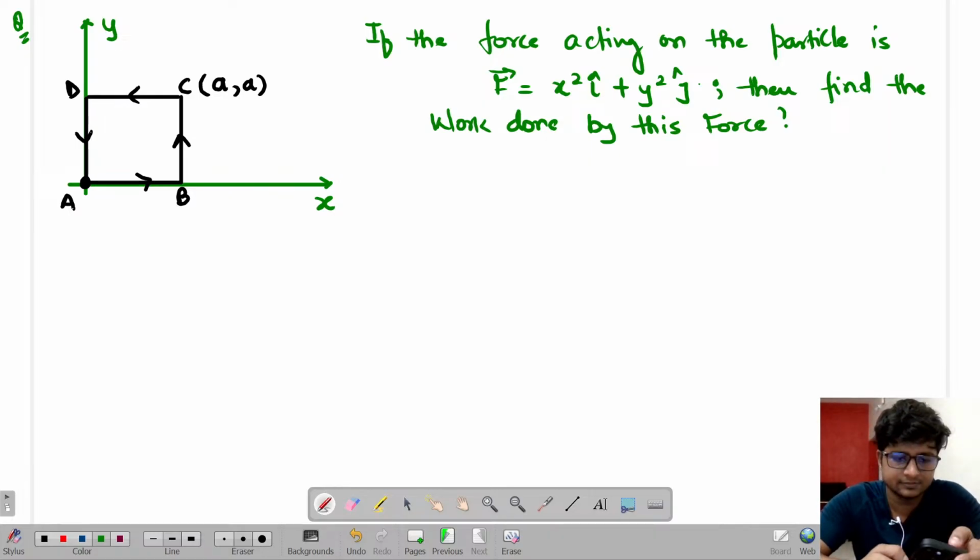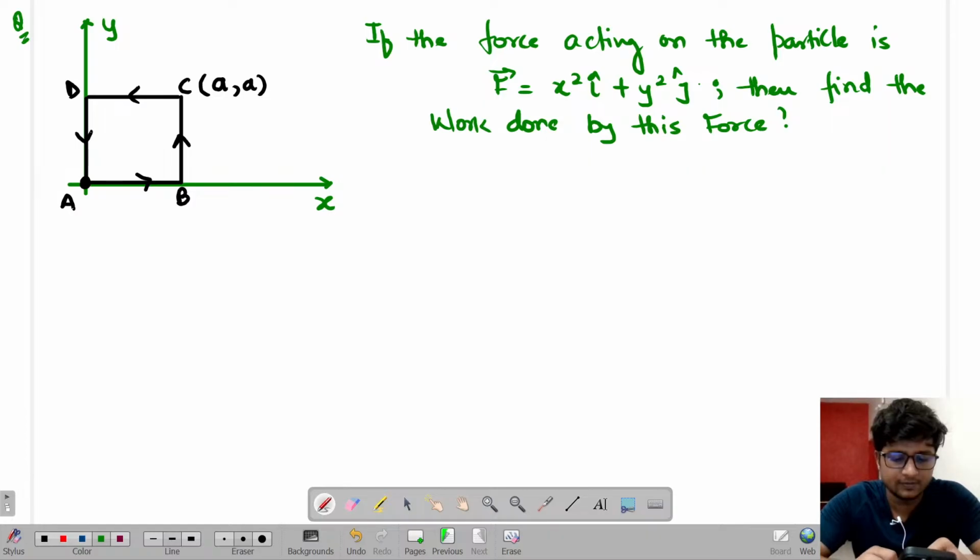No, no, it is not 0. It returns back to its starting point.